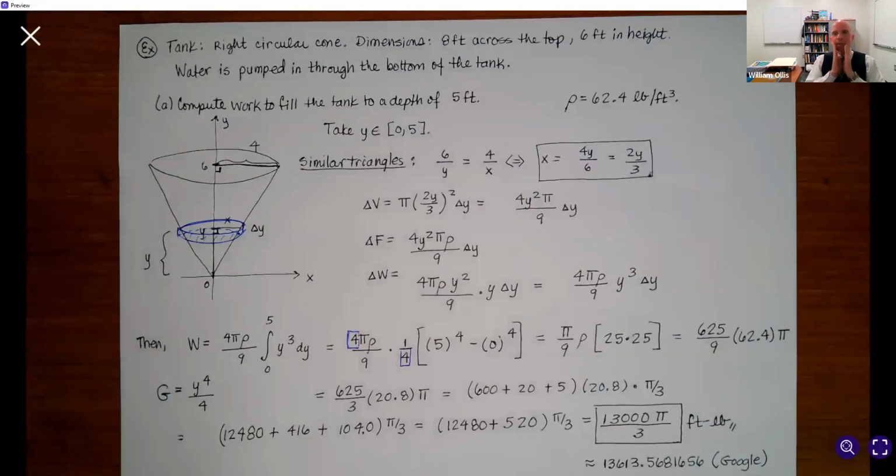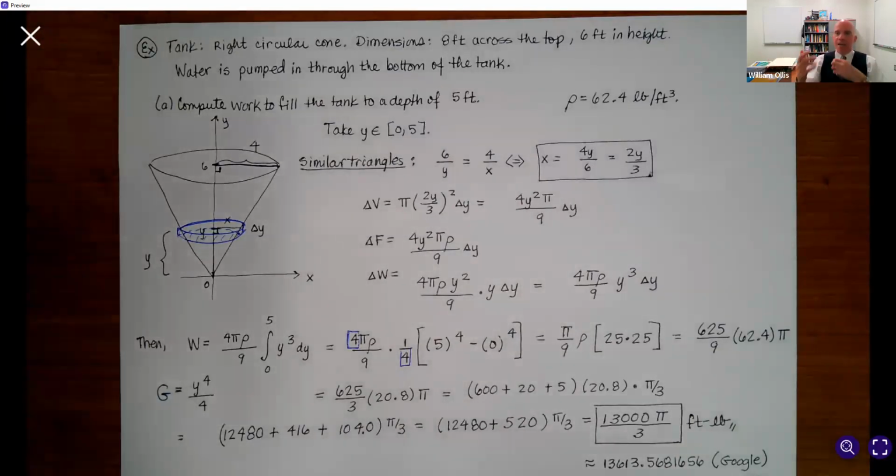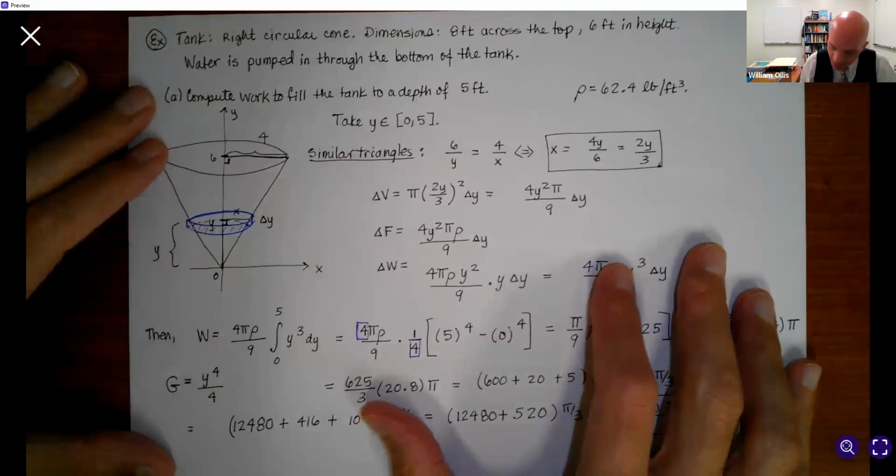Okay, and you're thinking, wait a minute, it's not the box like we had before. How's that going to affect the geometry? Well, now as the water moves up, the slabs, instead of being rectangular, they're going to be circular. So again, you just think of the shape of the tank to figure out what the volume should be. And it's very simple.